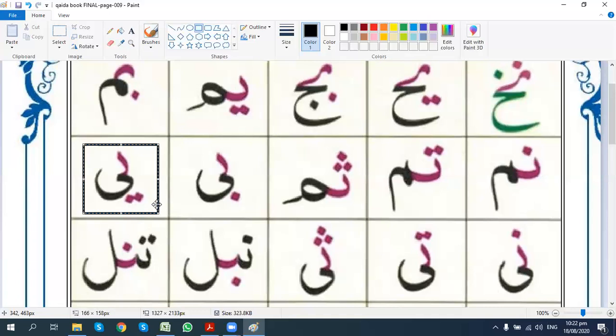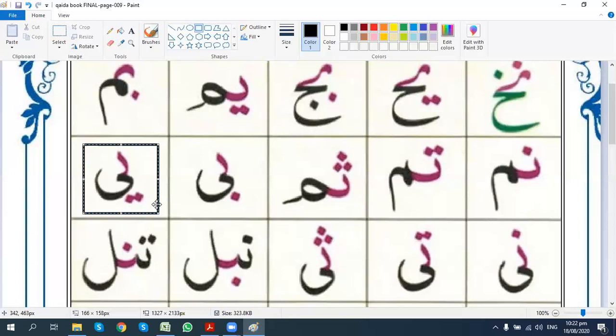Sumaya, it is a task for you because you are from an Arabic country and your native language is Arabic. You can find out the reason why sometimes the ya doesn't have a dot in the bottom and sometimes it contains the dots in the bottom.